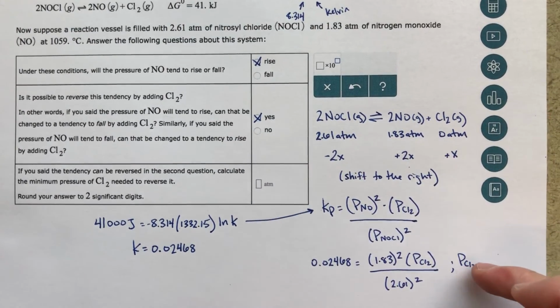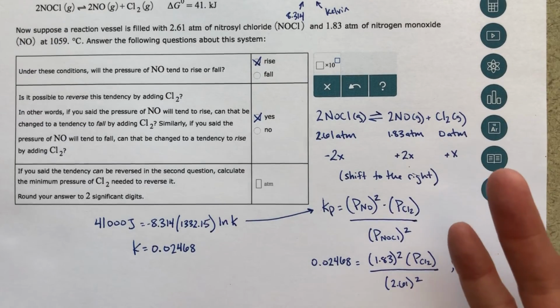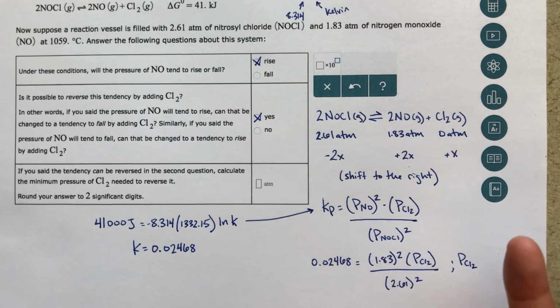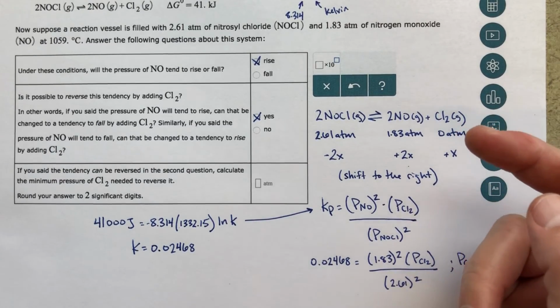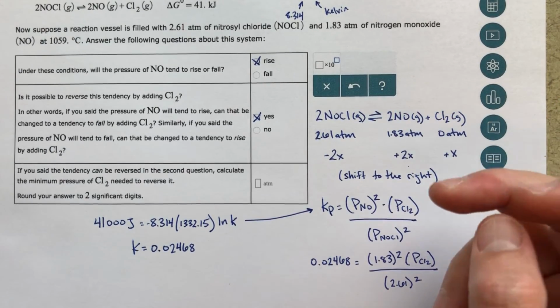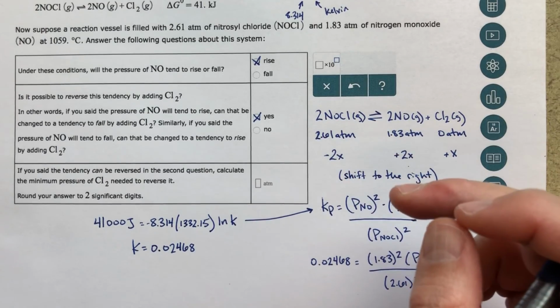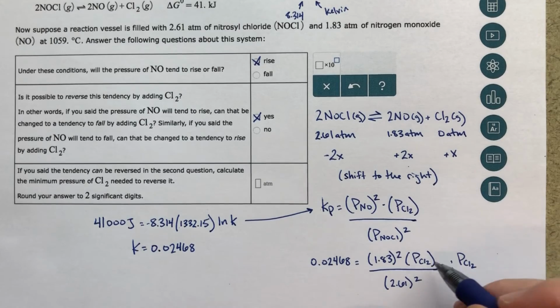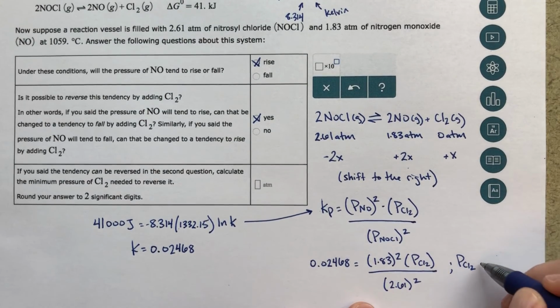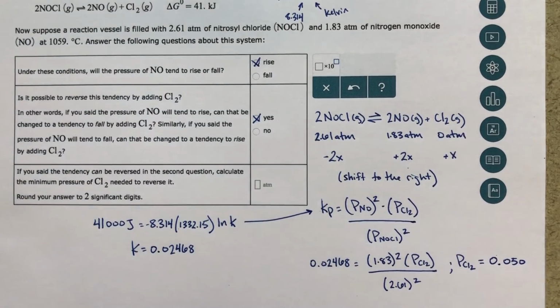If I'm above this pressure, then you could think of it as your Q value is too big. To get to equilibrium, we're going to shift it back to the left to reform some of this reactant, and that's this reverse process that we're talking about. So going ahead and solving this for PCl2, I ended up with 0.050, I believe. Let me just double check that.